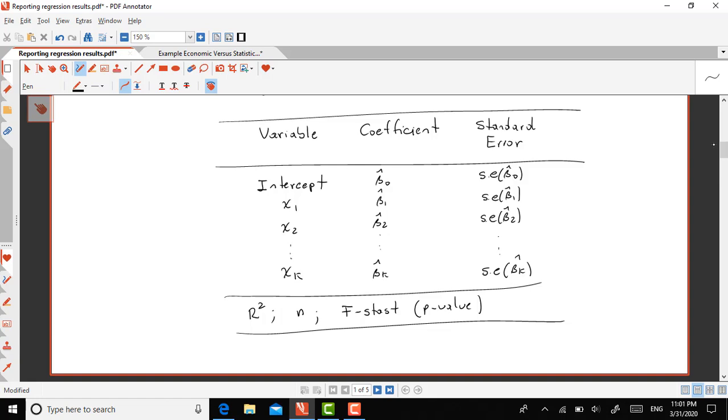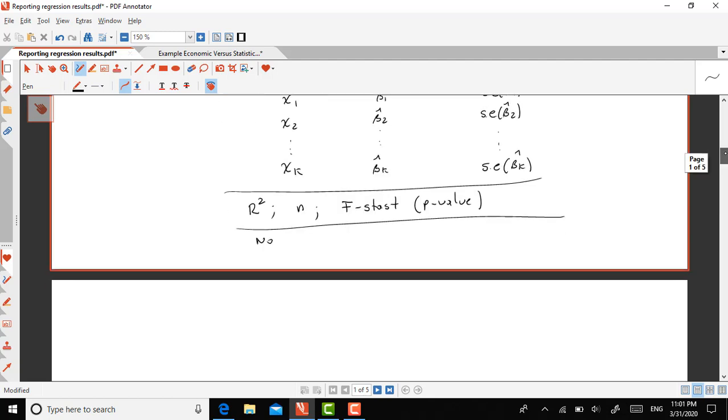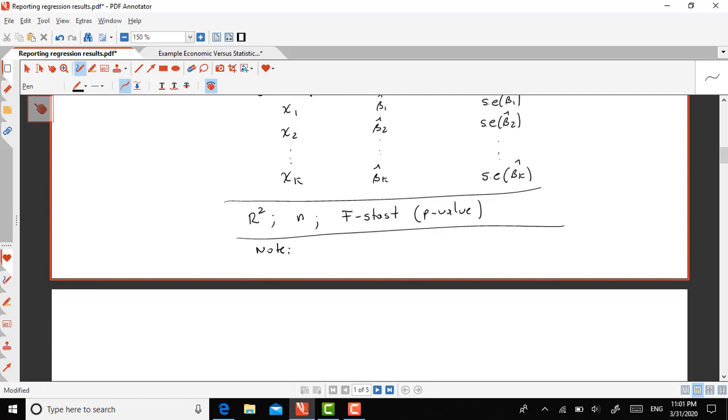Okay, and in order to do that, usually what we do, and you will see when you're reading papers, you will see that they use stars. So usually at the bottom of the table, you add a note saying that the statistical significance is denoted using stars.